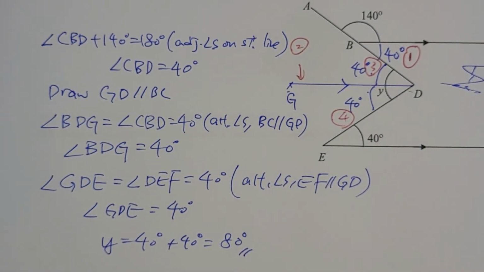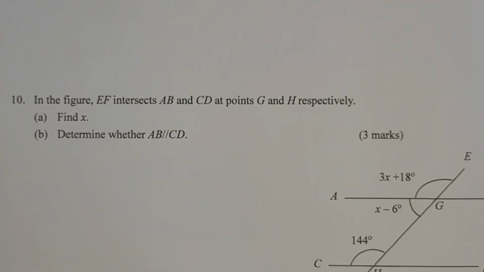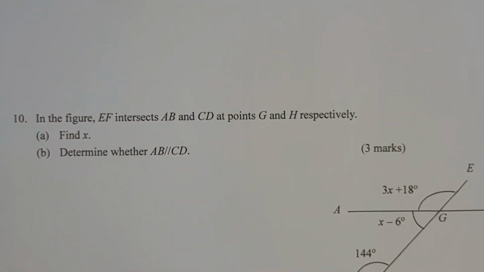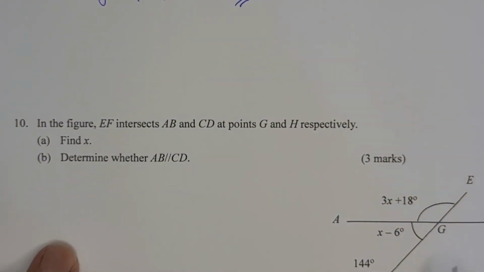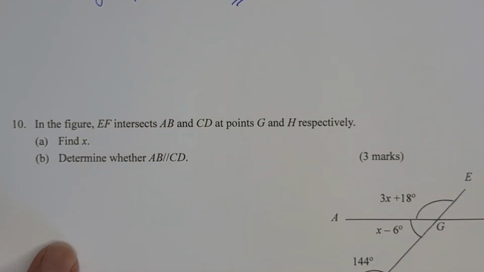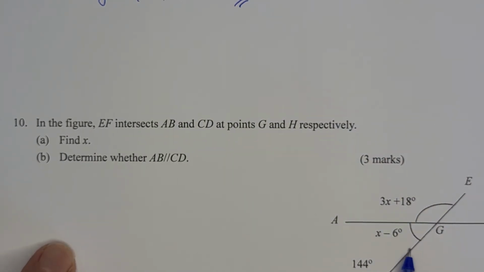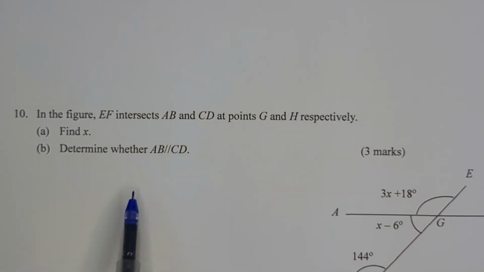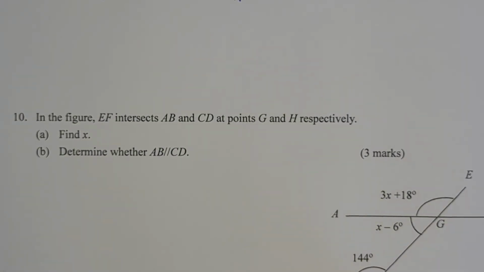And let's go to question number 10. In the figure, EF intersects AB and CD at points G and H respectively, okay? That means all these are straight lines. Find x. Some of you may have the query, can I use AB parallel to CD?